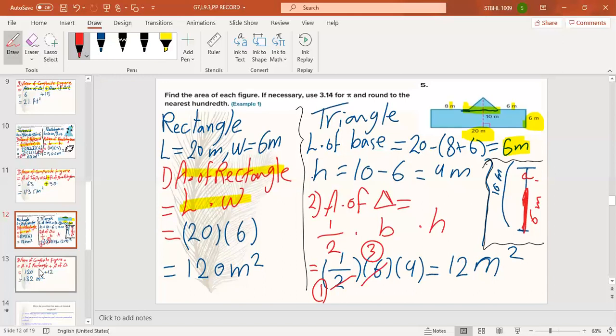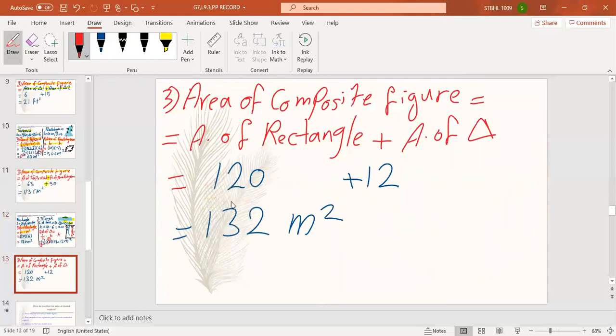Now we found the area of the two geometric figures which form the composite figure. We need to find the area of the composite figure, which is the sum of these two areas together. Area of the composite figure equals area of rectangle plus area of triangle, which is 120 plus 12 equals 132 square meter.